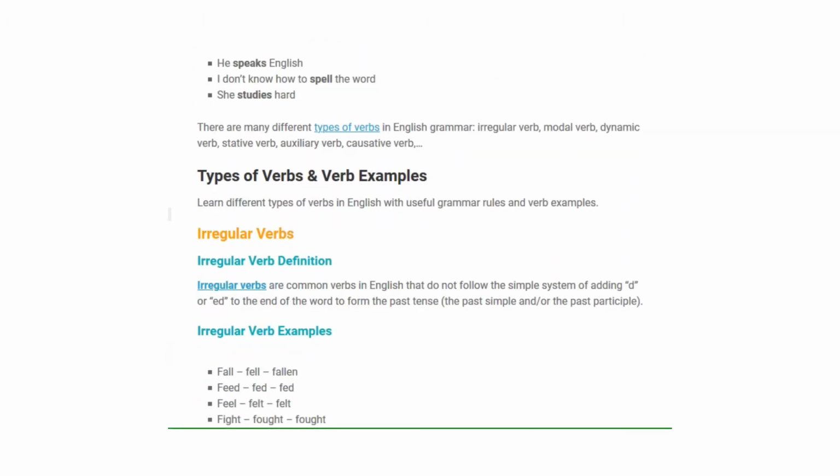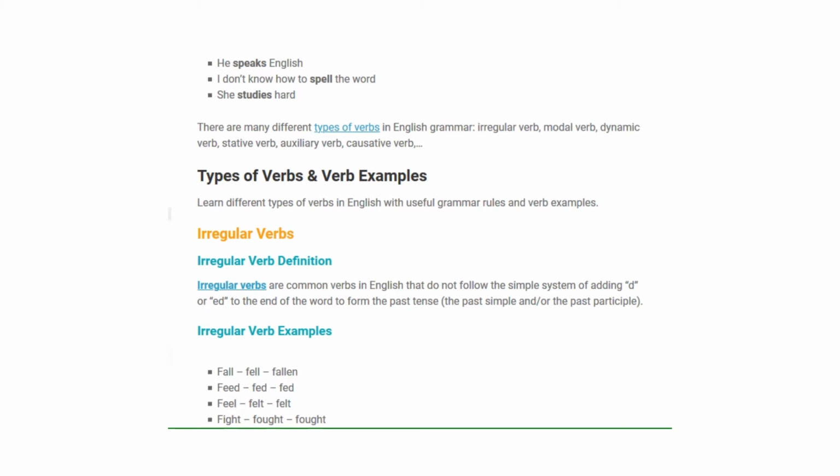We have irregular verb, modal verb, dynamic verb, stative verb, auxiliary verb, causative verb, and so on. So when we go to see types of verbs and verb examples, we learn different types of verbs in English with useful grammar rules and verb examples.